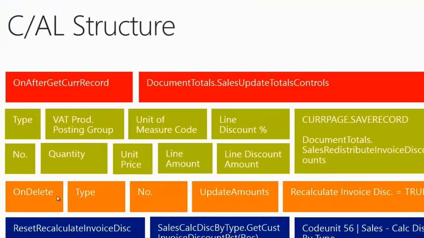So we've gone through the AL structure from the OnAfterGetRecord, where the sales update total controls is being called, through the 9 fields where, depending on the indicator, the sales line discount is being recalculated. We discussed the fields that trigger the recalculation in the sales line, and lastly we looked at the functions in the document totals codeunit and the sales line calculate discount.